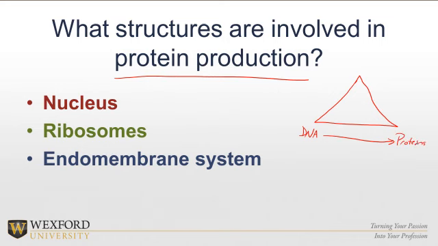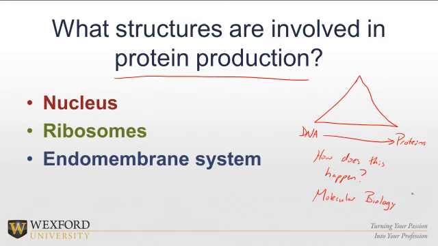So now we're going to really talk about, okay, how does this happen? And this is really a question for molecular biology. And that's where we're going to find out the real answers a little bit later in this quarter.